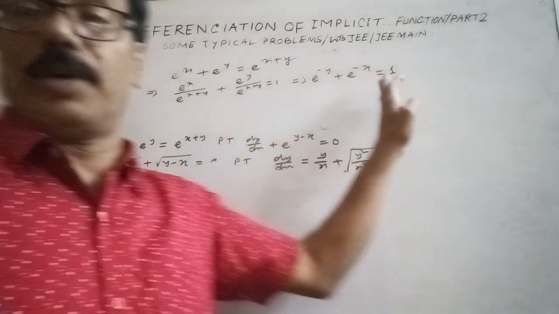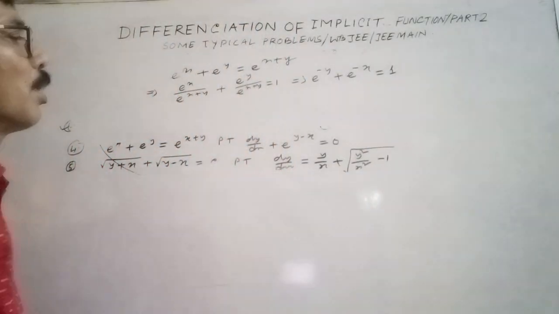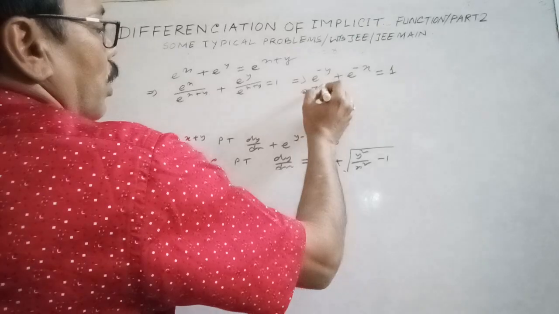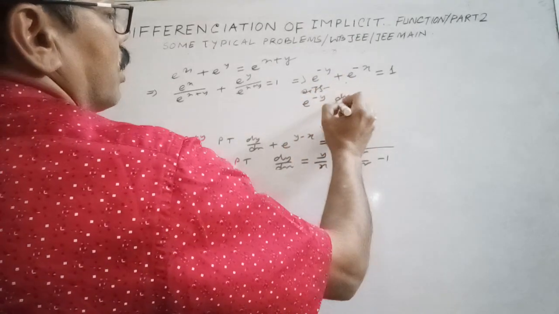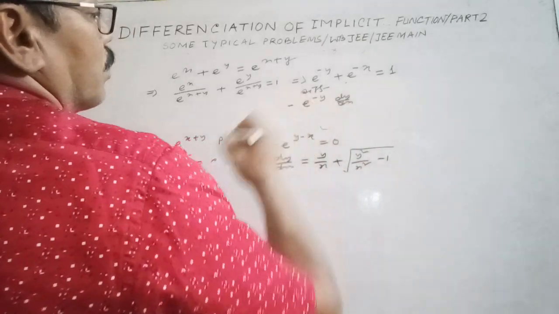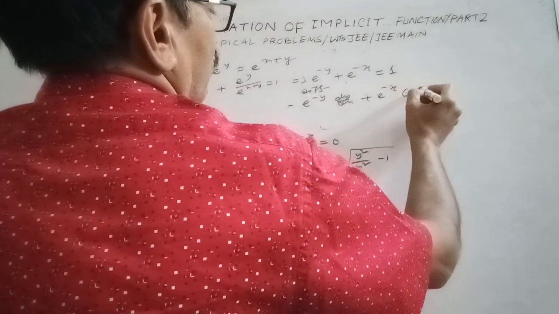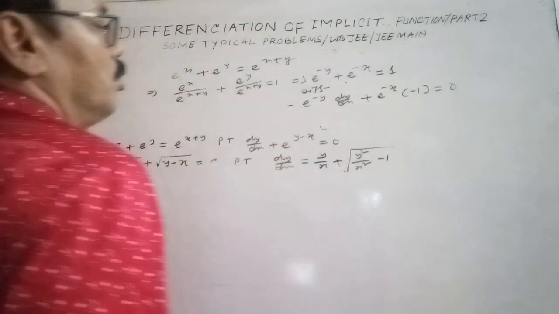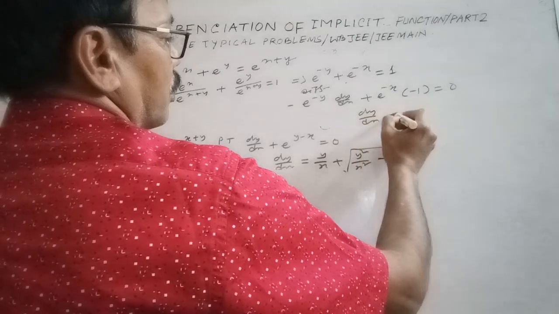So what is our advantage? The derivative of 1 is 0. So differentiating both sides: e to the power minus y into dy dx with negative sign, and this is e to the power minus x into minus 1 equals to 0. So what is dy dx?